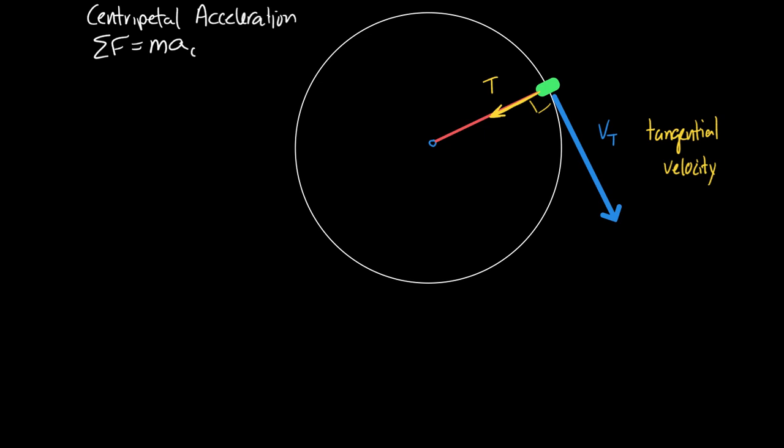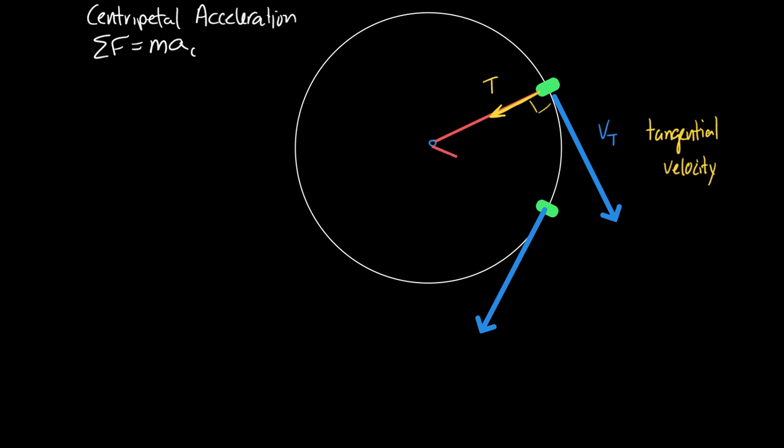Now hear me out. That means this object has only a very narrow way that it can move. If we consider what happens a few seconds later, maybe not even seconds, but milliseconds, the object will have moved to here.